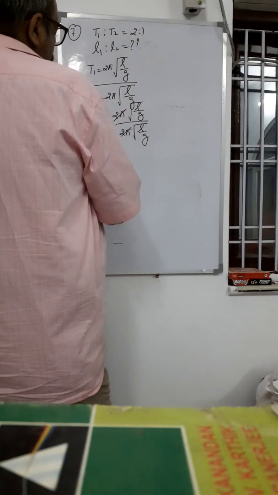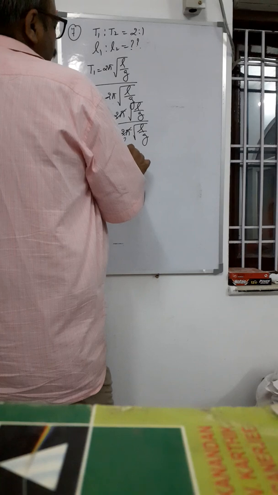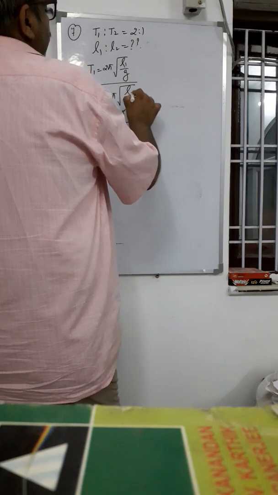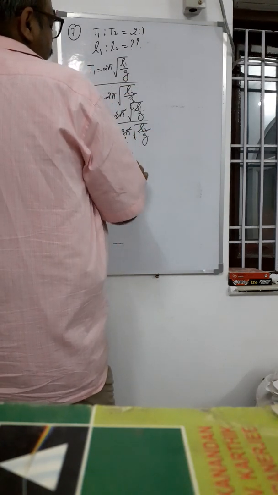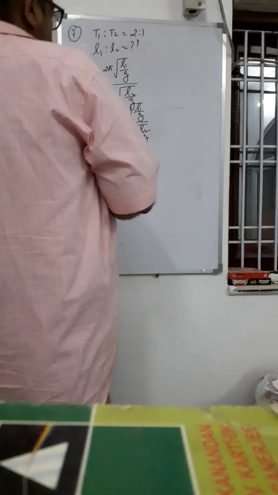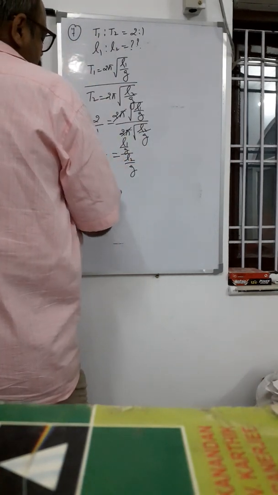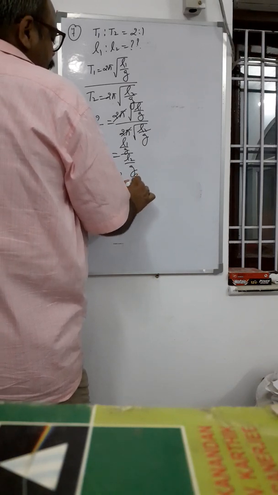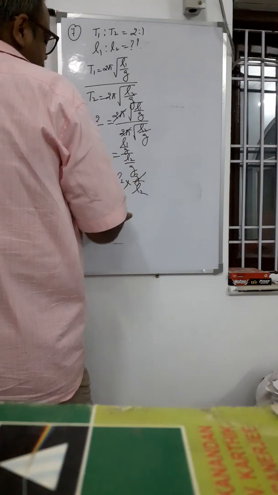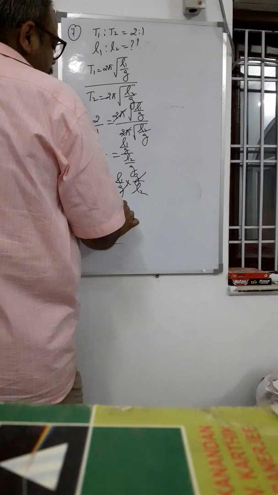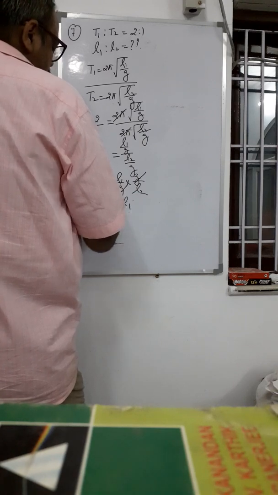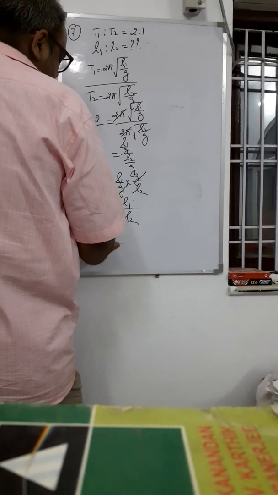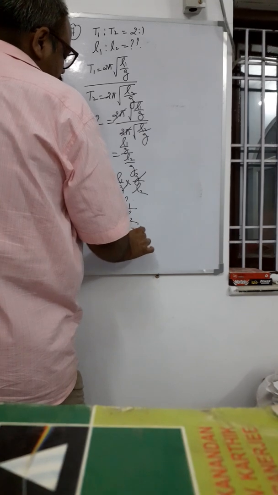It will become 4 upon 1 is equal to L1 upon G into G upon L2. G and G will be cancelled. 4 upon 1 is equal to L1 upon L2. So therefore L1 ratio L2 is equal to 4:1.